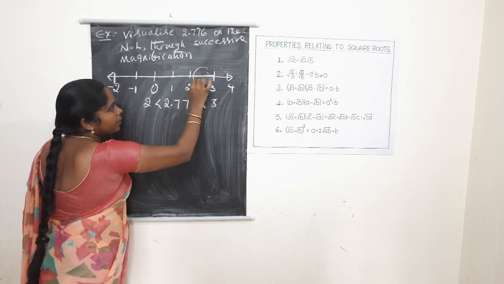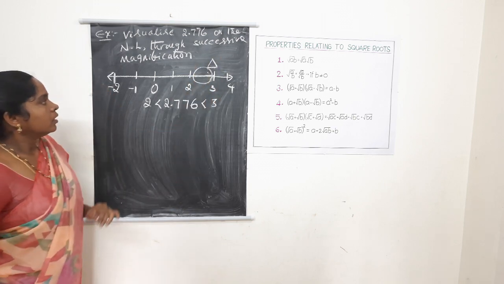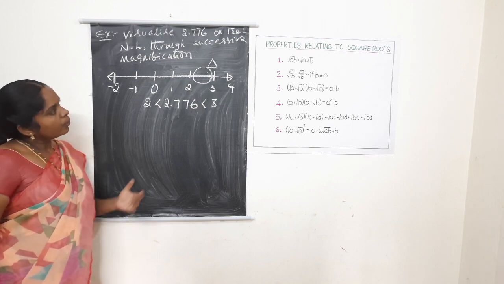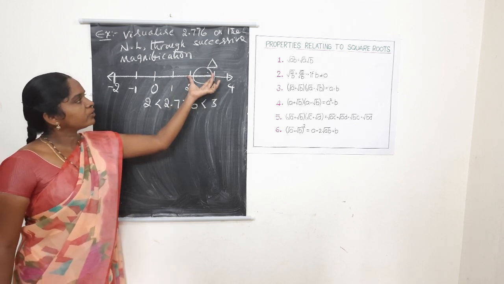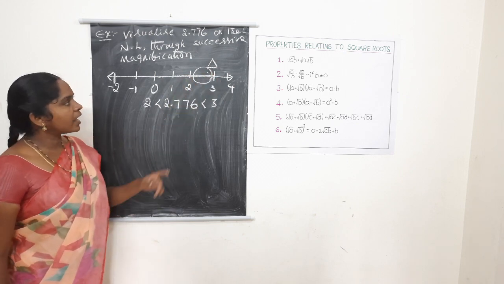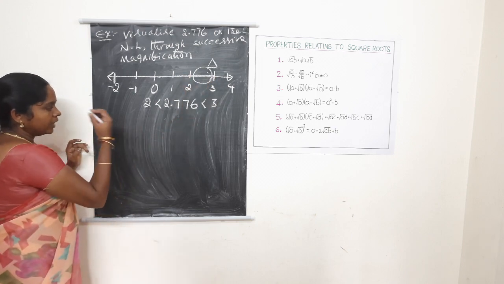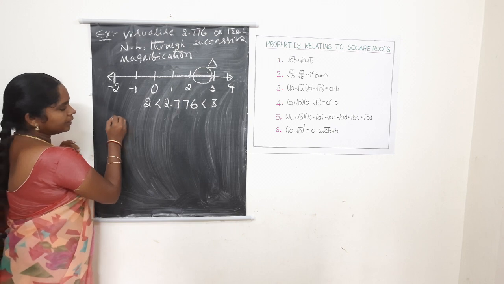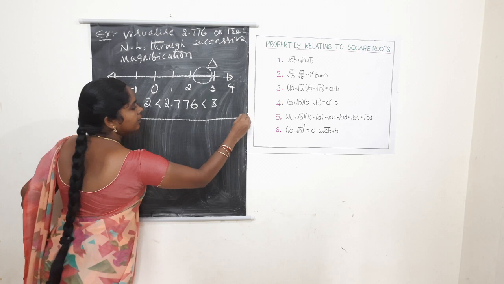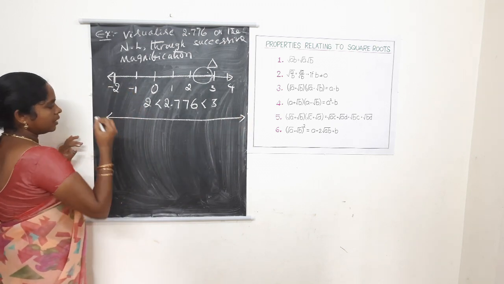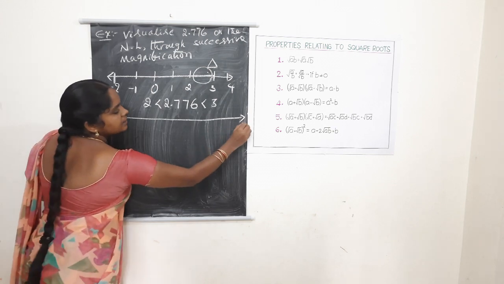And let us try a magnifying mirror. Now we need to expand this smaller portion and divide it into 10 equal parts. So let us draw another number line. So this is 2, this is 3.